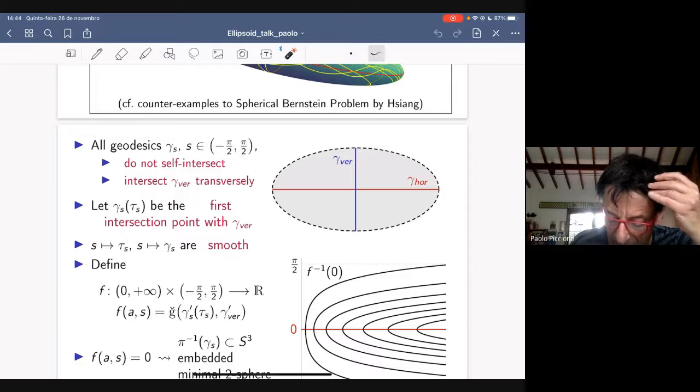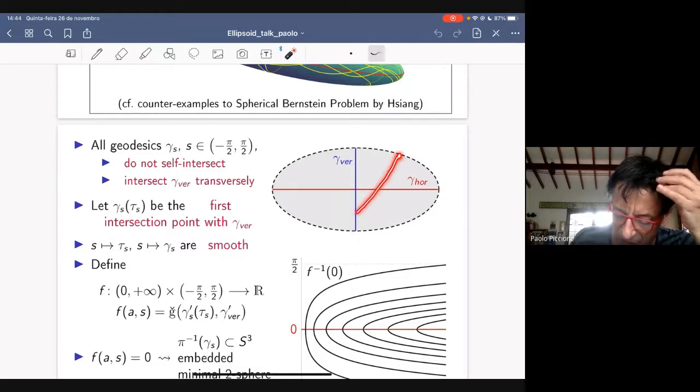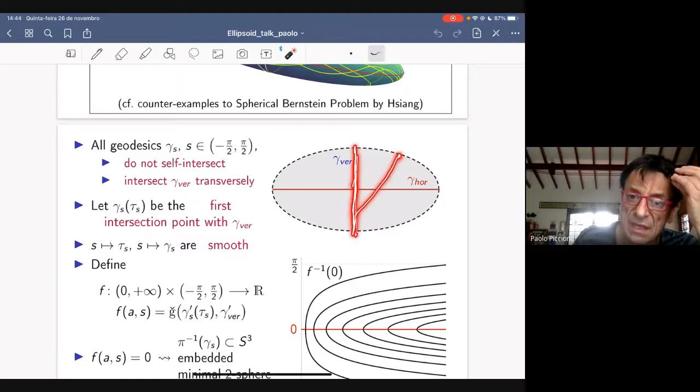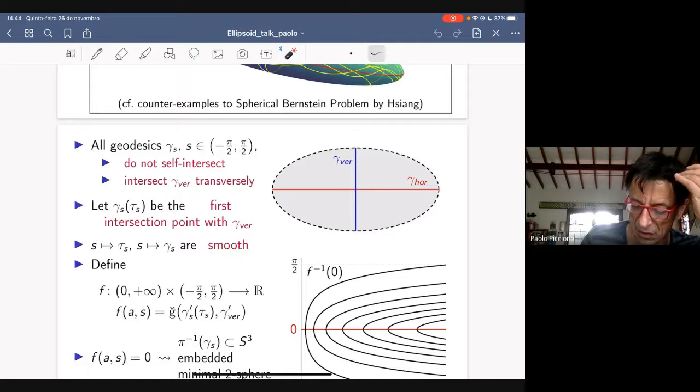That is another point that we have. So starting from every point of the boundary, there is a first instant at which this geodesic hits the vertical geodesic, okay? And remember that we want to find those geodesics that arrive orthogonally.